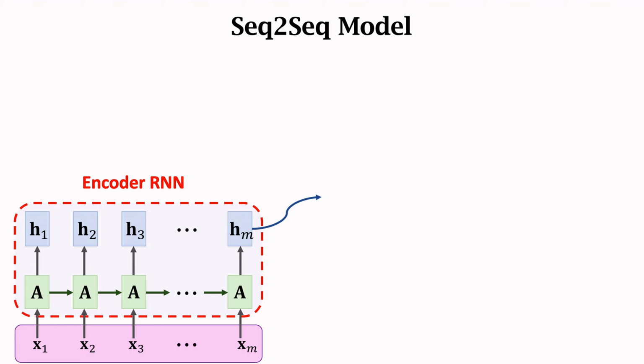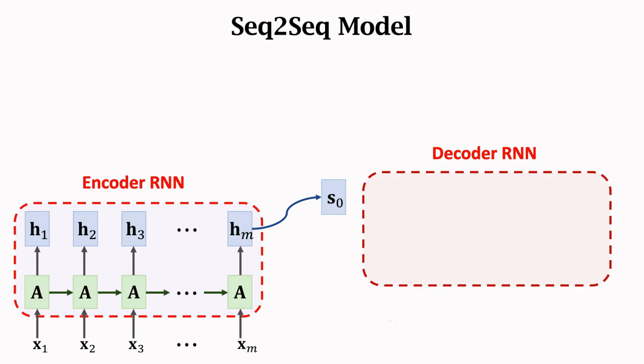Now it's time to run the decoder RNN. The decoder's initial state, s0, is the final state of the encoder. The information in the sequence x1 to xm is compressed into the state hm. We can use hm to generate a German sentence. The decoder network acts as a text generator.